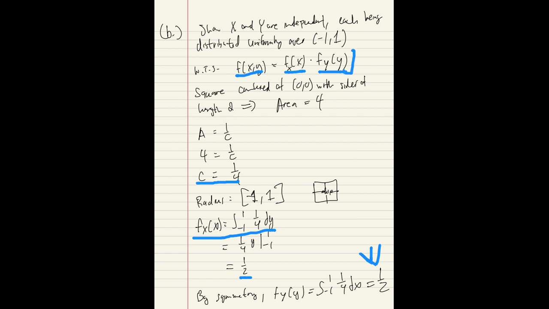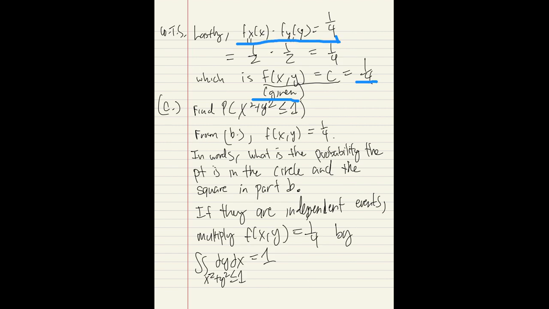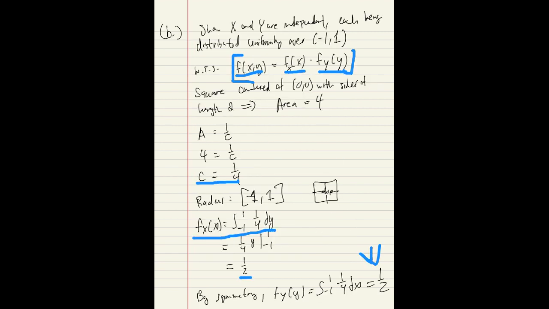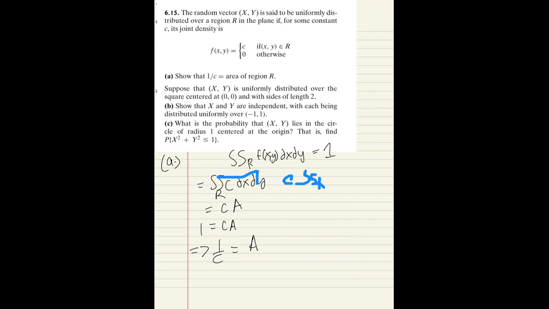And part C, we are finding the probability that it is also in a circle of radius 1, centered at the origin. That is, find the probability x squared plus y squared is less than or equal to 1.